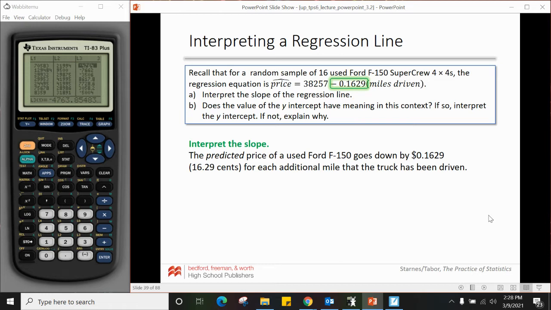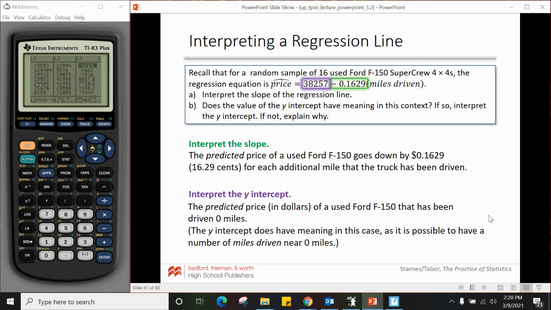Since in this problem our x is the miles driven, it's reasonable to assume that you could get a truck with no miles driven, right? That's a brand new car. So this model is still showing how much it would be worth if there were no miles driven, a brand new car.